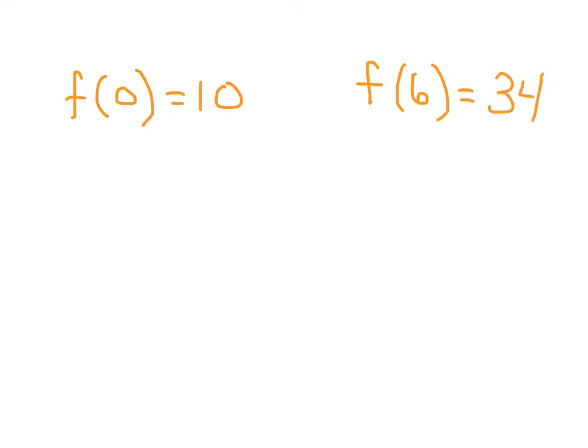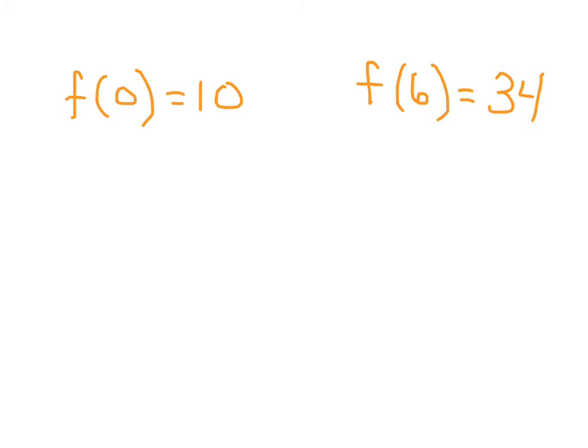All right, now the next one. It says write a linear function f with the values of f of 0 equals 10 and f of 6 equals 34. And this is kind of tricky because it looks different, right? Just because things look different, does it mean they're any different? No. Same with people. If people look different, does that mean they're different?